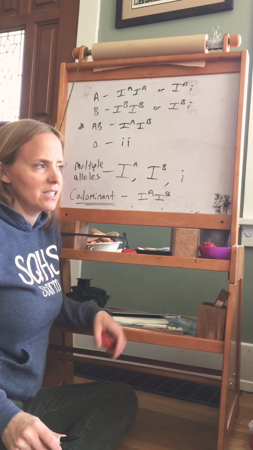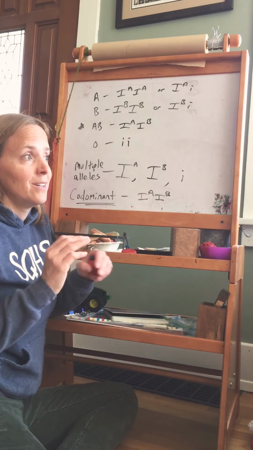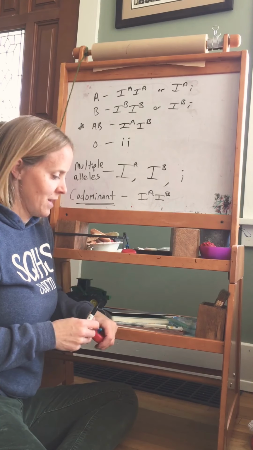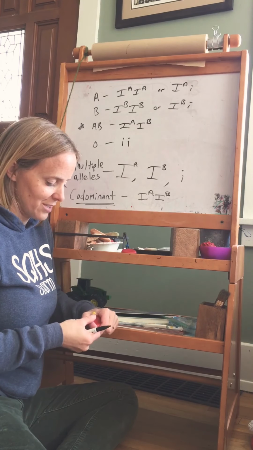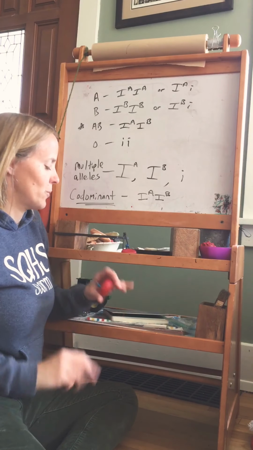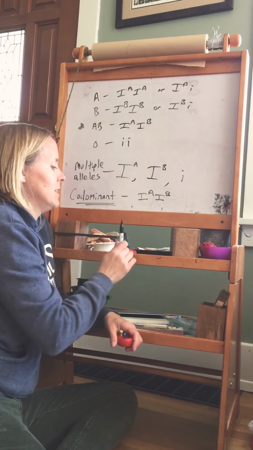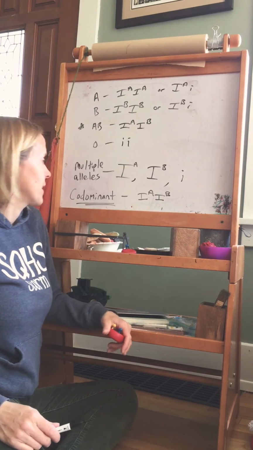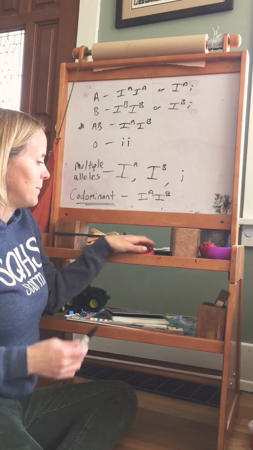A lot of that's variable, and it depends on how that trait is actually expressed, because sometimes gray is actually the presence of black and white hairs. I don't want to get too much into that, but do know that this is a real life example of a codominant trait, and it's pretty cool.